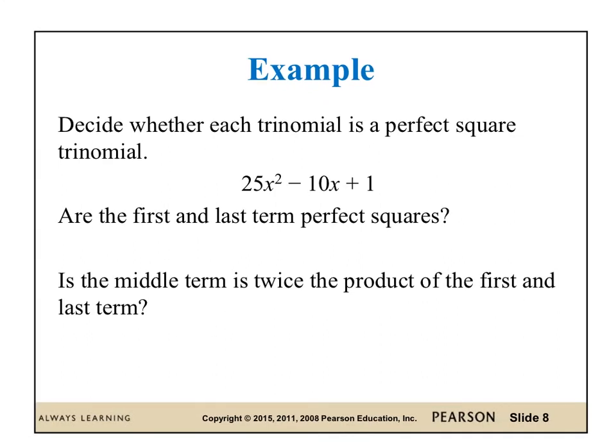So here we have one more. Is the first term a perfect square? Yes. It's 5x times 5x. Is the last term a perfect square? Yes. 1 is 1 times 1. The middle term is negative 10x.